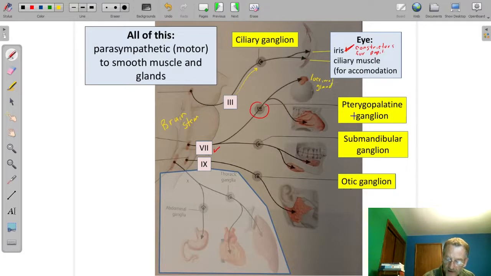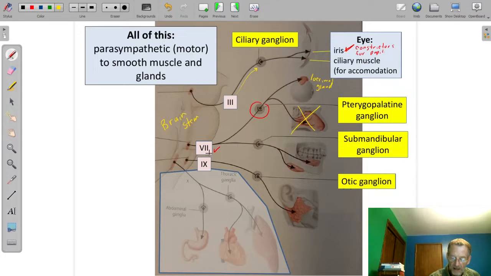This figure is also showing that some of those parasympathetic fibers run to glandular tissue in the nasal mucosa, which makes your nose run. I'm not dealing with that in this class, so you can forget about that. We're going to be dealing with the lacrimal gland.